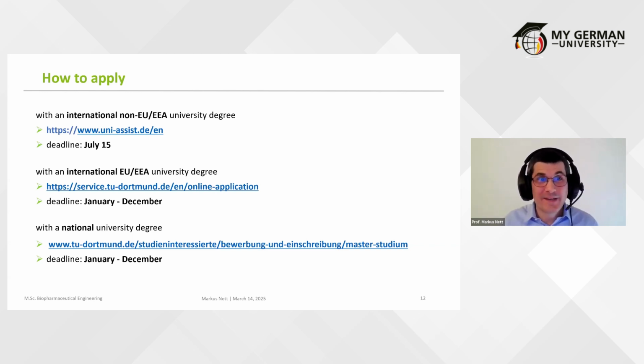You can send us all your application documents until this date in order to enroll in the subsequent winter term. The biopharmaceutical engineering program always starts in the winter term, which is in October in Germany. So if you want to start in October 2025, we need all your documents by July 15th.